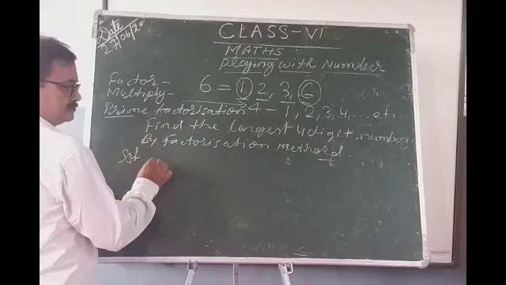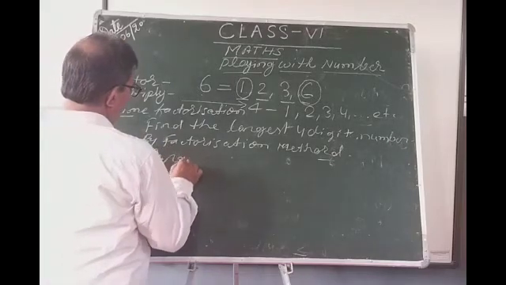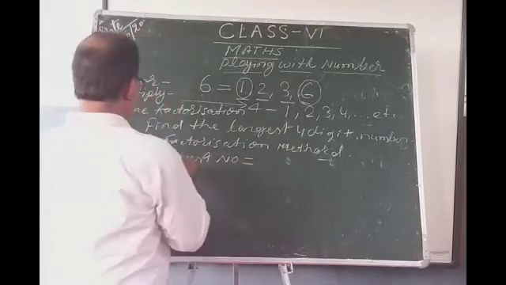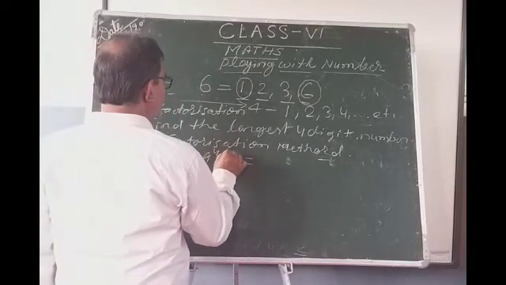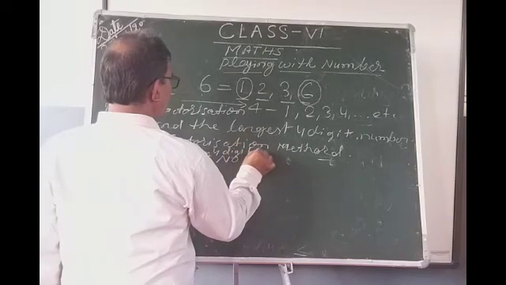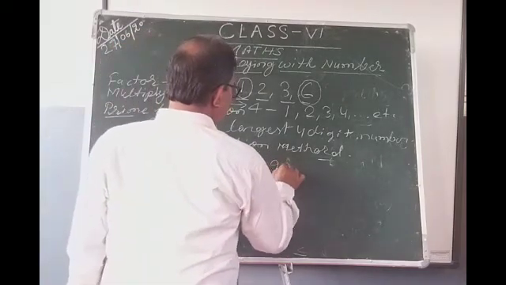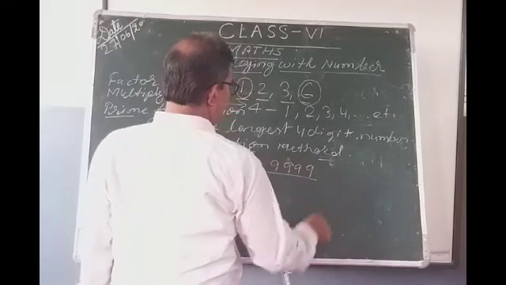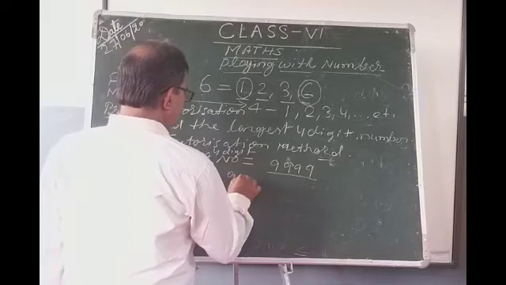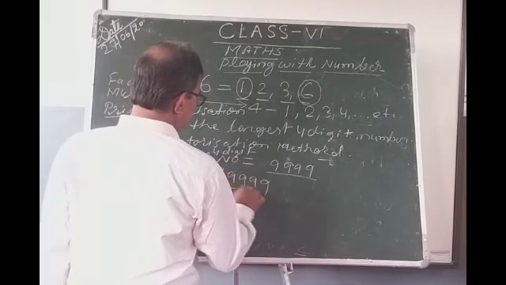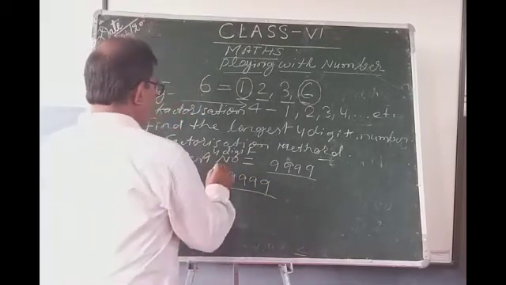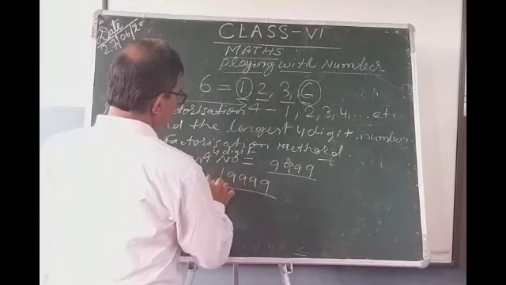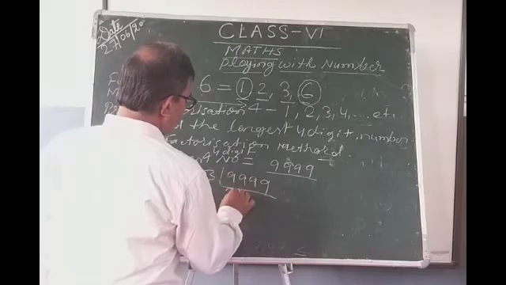Solution: the largest 4-digit number is 9,999. Find the factors. Three threes are 9.